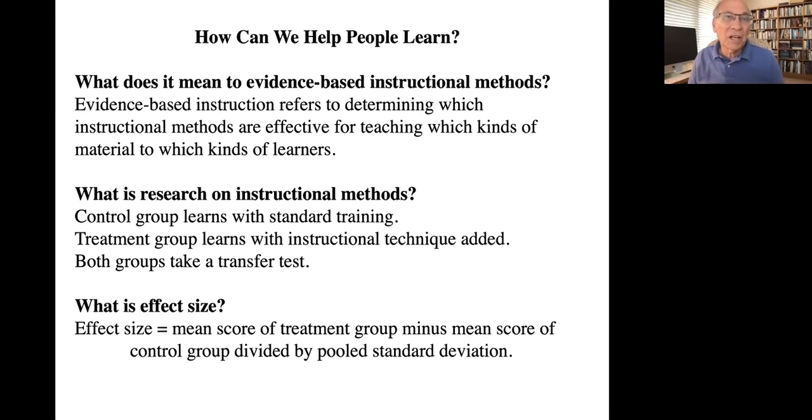So it gives us a common metric for comparing across studies, and it allows us to see how powerful our intervention is. For me, any effect size greater than 0.4 is educationally important. And so I'm looking for instructional methods that cause an effect size of 0.4 or greater.